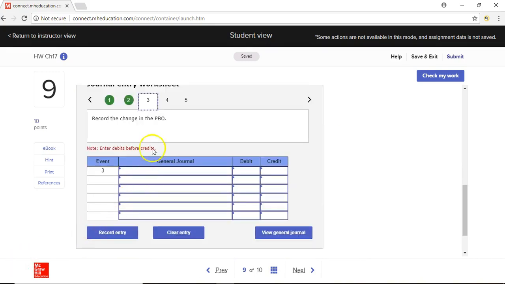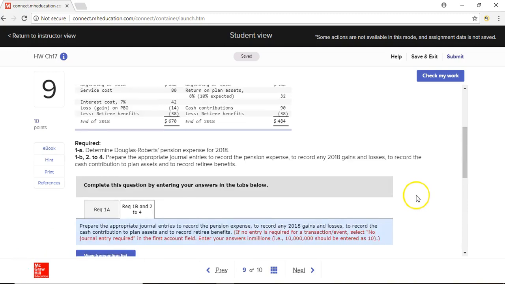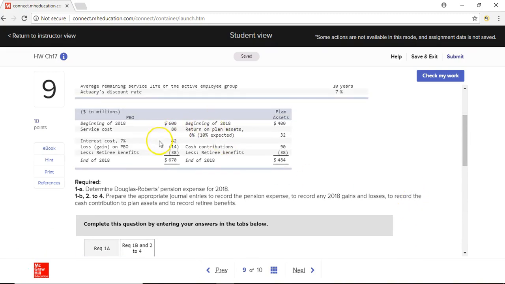The third journal entry says record a change in PBO. So for the change in PBO here, service cost and interest cost are already recorded in pension expense. But here we have a new gain on PBO. The number in parentheses means gain. So a gain on PBO means the liability PBO is decreased.